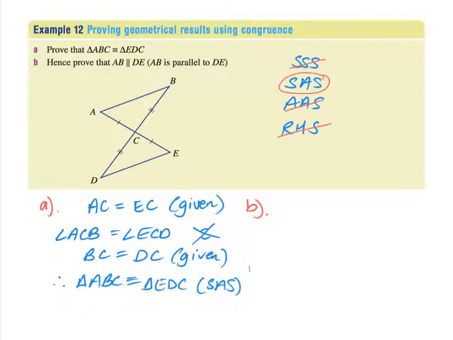Okay, prove that those are parallel. So now that we know that these two triangles are exactly the same, that means we can say that this angle here, angle ABC, is the same as angle EDC.